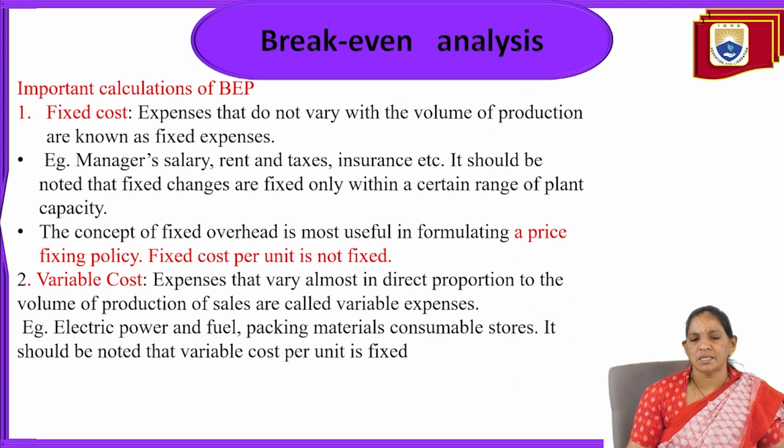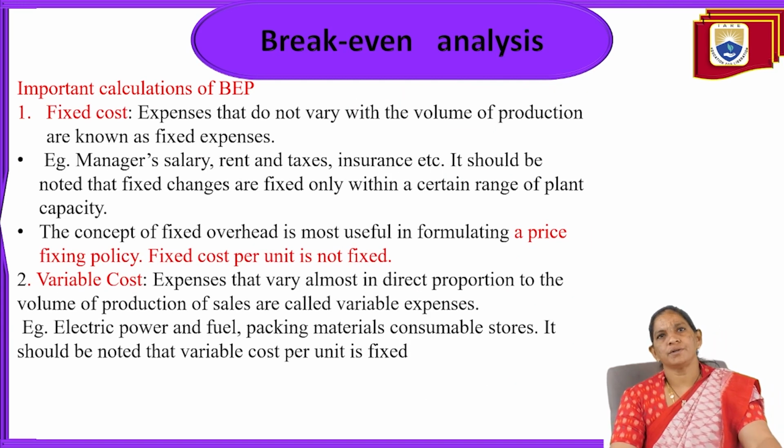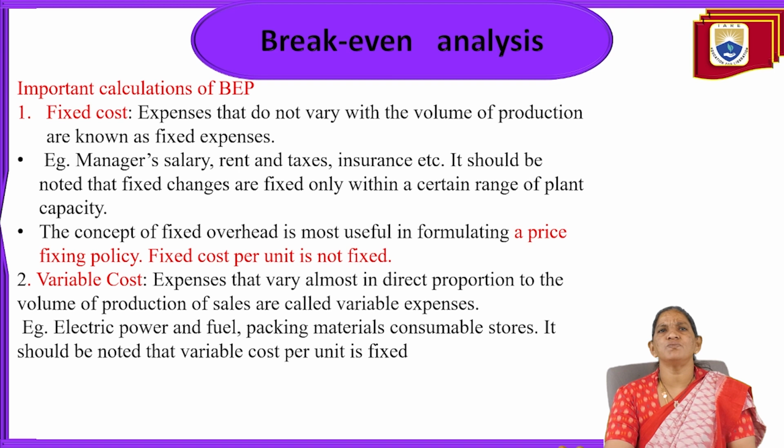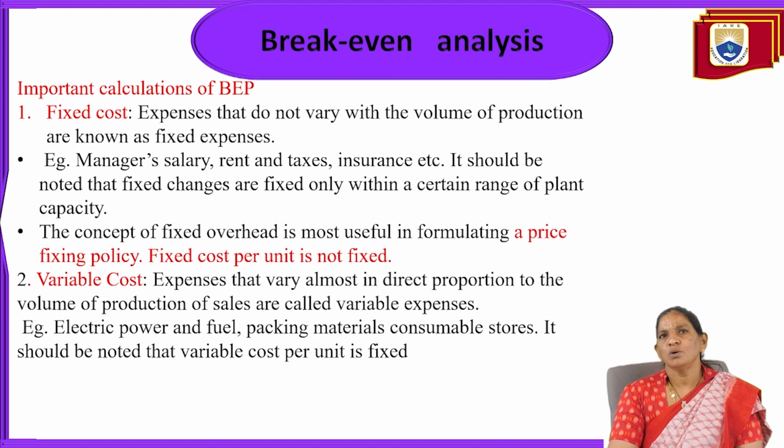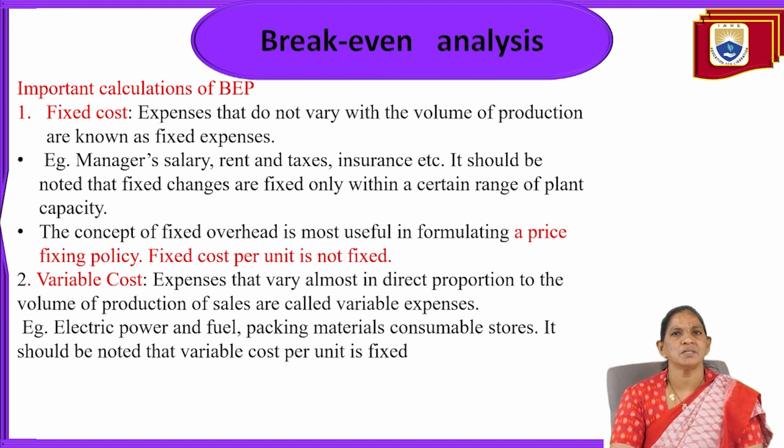Now we will see these important calculations. The first is fixed cost. A fixed cost is fixed for a certain volume of production. Examples are managers' salaries, insurance, plant capacity, or overheads, which we cannot change.